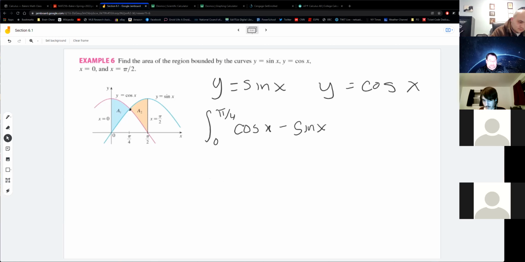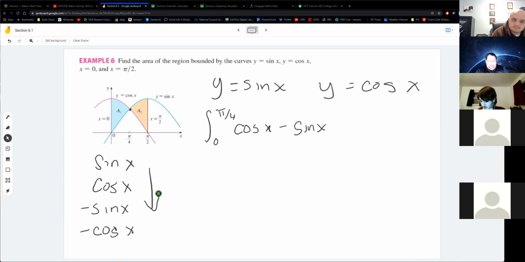If you think about it in differentiation, we do sine of x, the derivative of that is cosine of x, the derivative of that is negative sine of x, and then negative cosine of x, and then it repeats. So if we're doing integration, we go the other direction. The integral of cosine of x is sine of x, and the integral of sine of x is negative cosine of x.